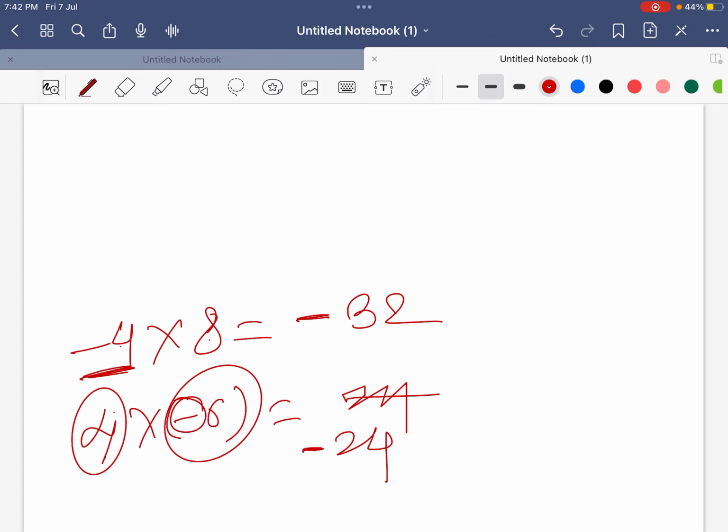Similarly, we have to solve a few more examples like this. So minus 20 multiplied by 10 is equal to, 20 tens are 200, and because of this the answer is minus 200. Clear? Chalo.